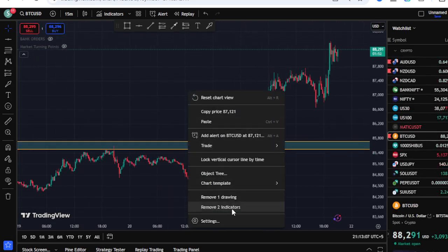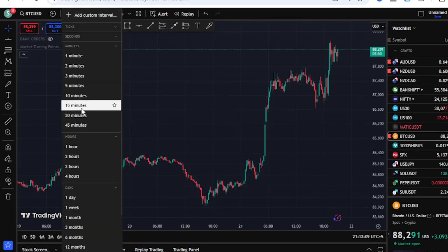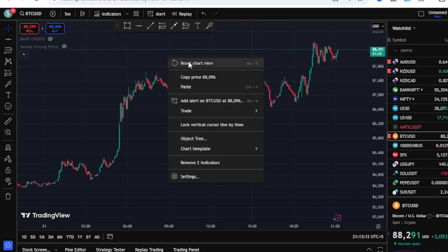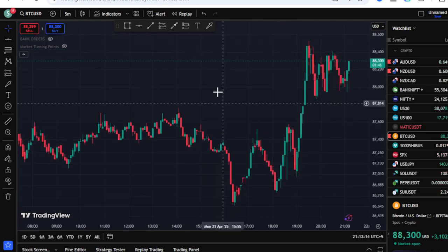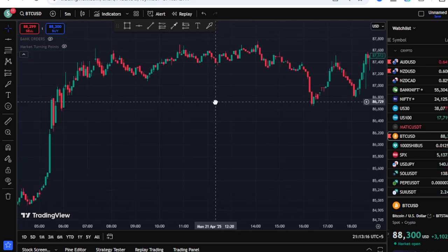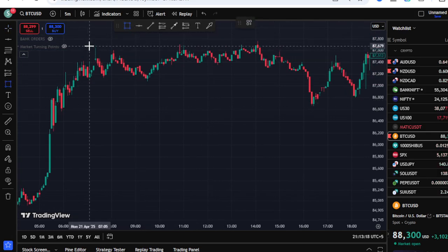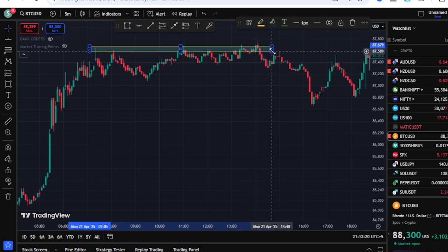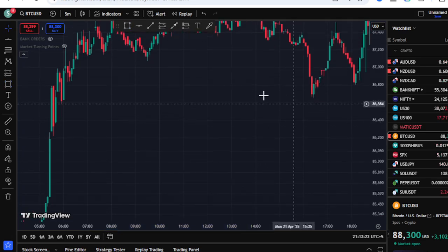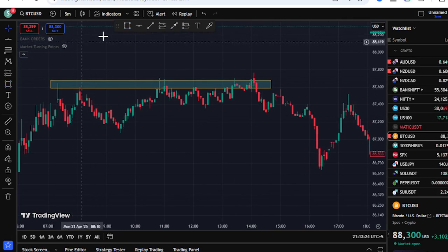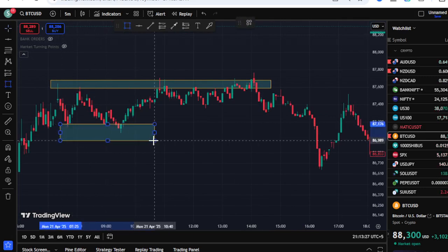I'm not sure which time frame I was on, so let me take my time frame to the 5 minute. Okay, now just look at this scenario. Look at this. The market has made a resistance, and it has created a support here.